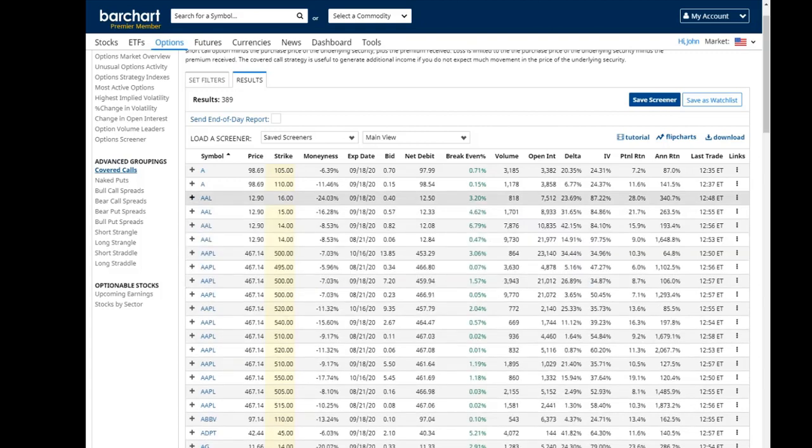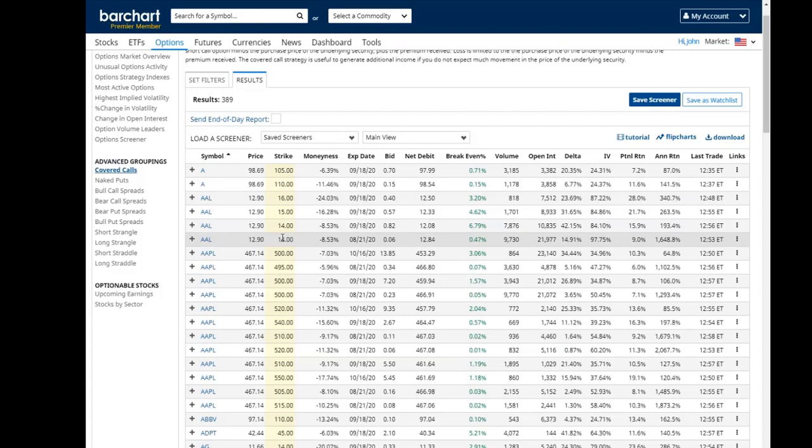And so what I'm going to do is look at what different strikes and what different expirations are going to give me those greater potential rewards. We do have some different expirations, and we do have a variety of strikes.